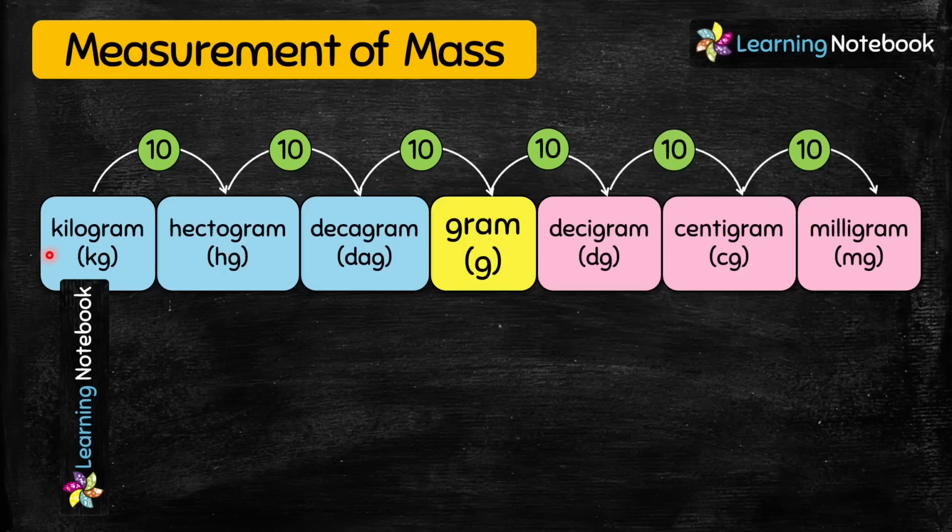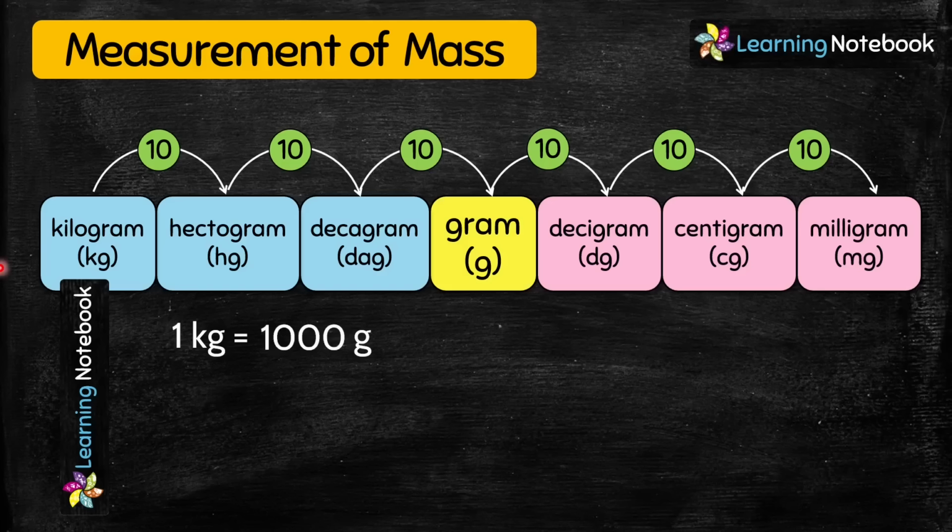So, can you tell me 1 kilogram equals how many grams? Let's find out. Refer to this diagram and see how many times we need to jump from kilogram to gram. 1, 2, 3. That is 3 times. So we will do 10 multiplied by 10 multiplied by 10, which is equal to 1000.